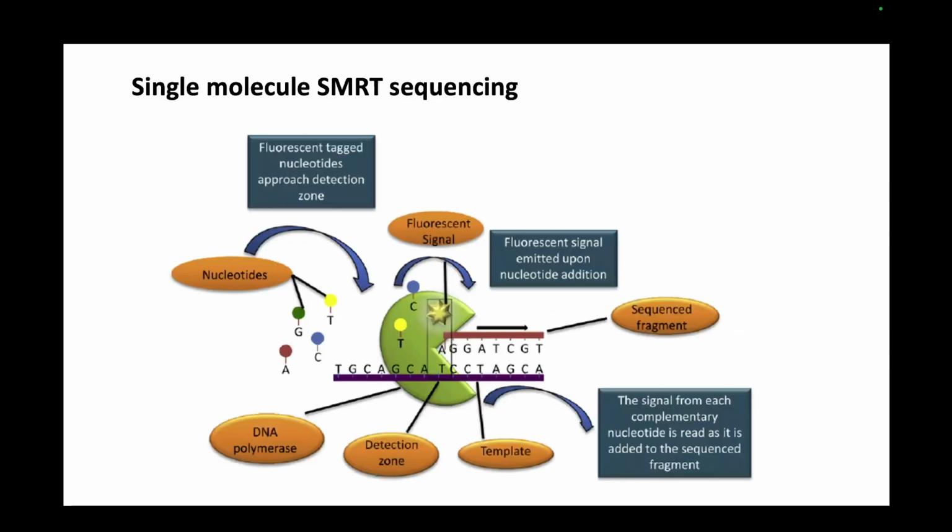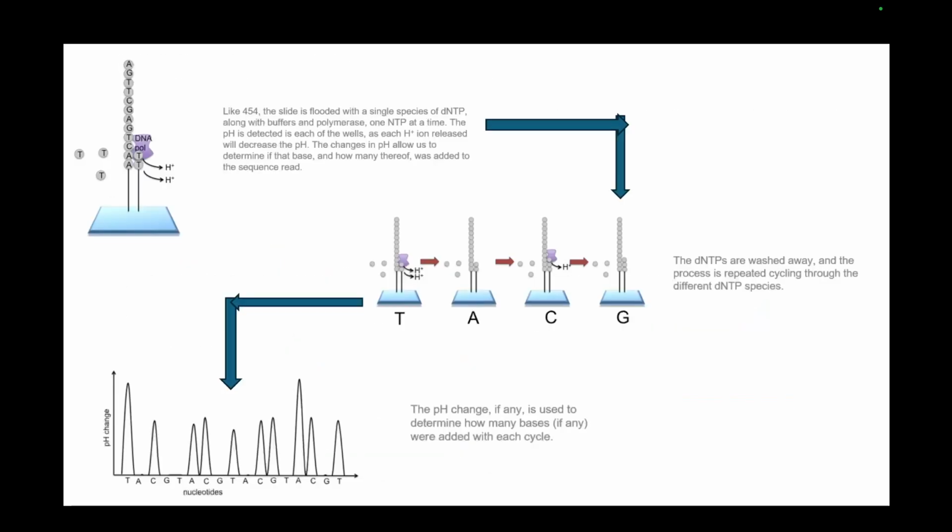And SMRT, which also used a fluorescent signal, using different wells, and inside that there's a detector which will detect the fluorescent signal being emitted after a nucleotide has been added to the strand. And lastly, we talked about Ion Torrent sequencing, which uses the change in pH inside the medium to tell you what and how many of these nucleotides have been added to the sequence.